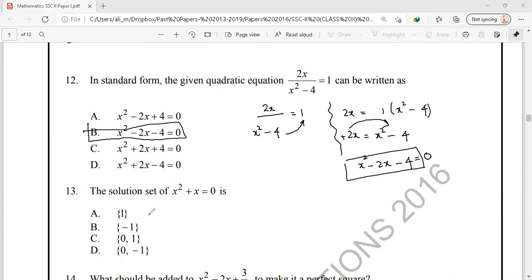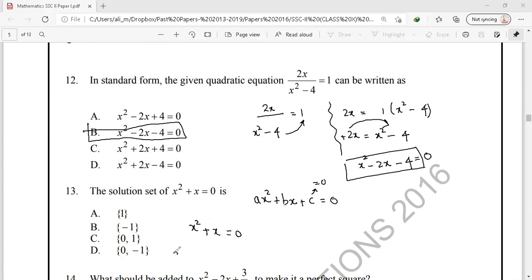Next, we have to find the solution set of this quadratic equation x square plus x equals to 0. The standard form of the quadratic equation is ax square plus bx plus c is equals to 0. And in this given quadratic equation, the value of c is 0.